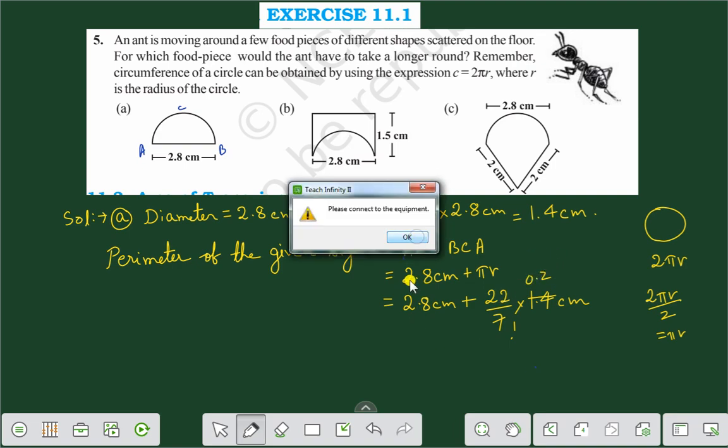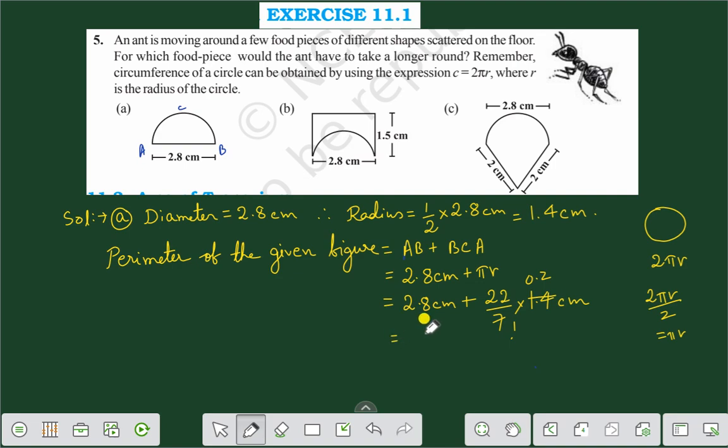Therefore, we are getting 2.8 centimeter plus 22 into 0.2, 22 into 0.2, 2 twos are 4, that is 4.4 centimeter.